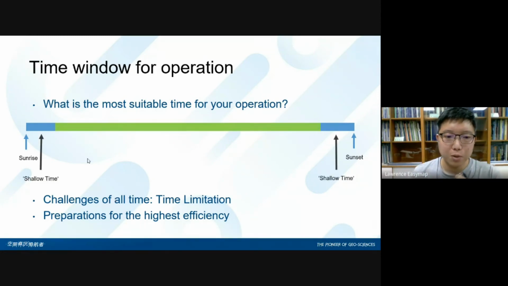However, for most missions, for example aerial photography, we won't consider too early or too late in the day because it will create shadow. When the angle of the sun is too low, it will create a large area of shadow on the ground, so it may not be very suitable to use. So for too early or too late in the day, normally we won't consider it.